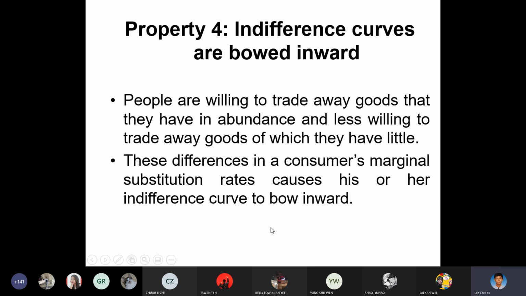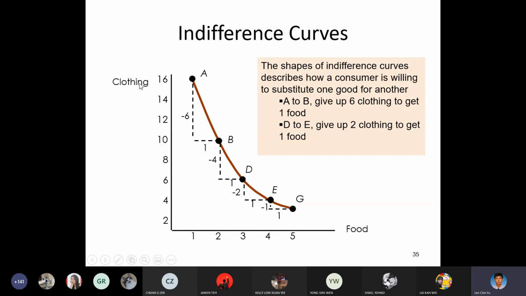For example, at point A, you have a lot of clothing and very little food. So if you want to increase 1 unit of food, you are willing to trade away a lot of clothing. But when your clothing becomes less and less, the willingness for you to trade away becomes less and less for 1 unit of food.